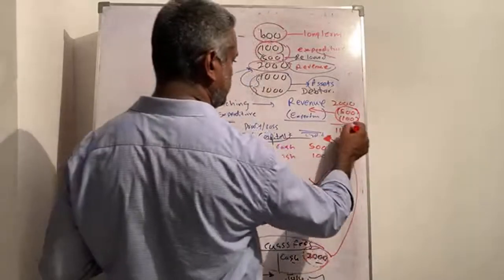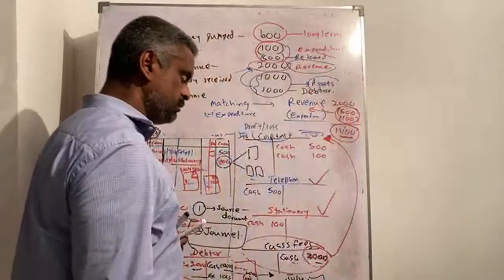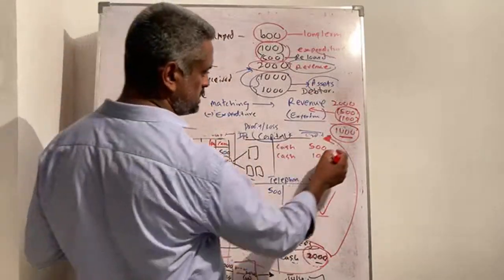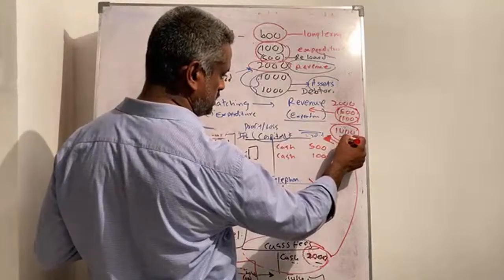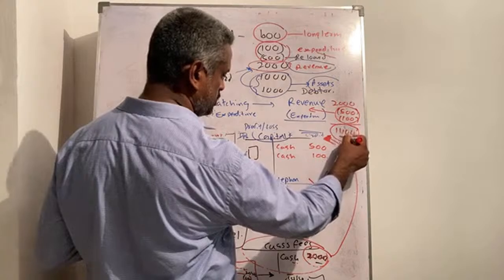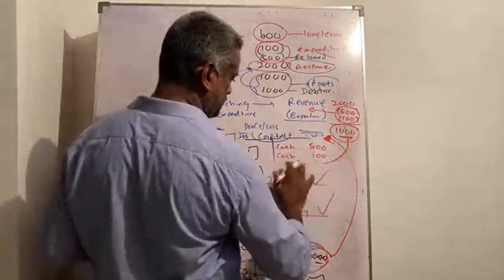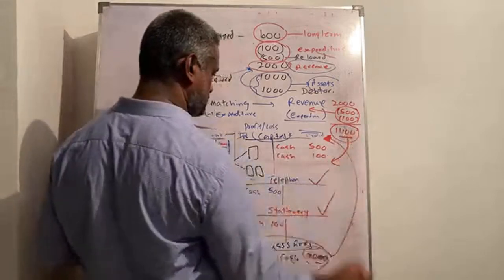It belongs to the owners. That means the profit and loss account, the rest, you can hit to this particular capital account as well.